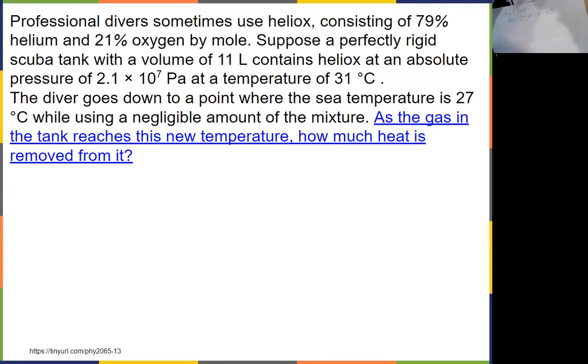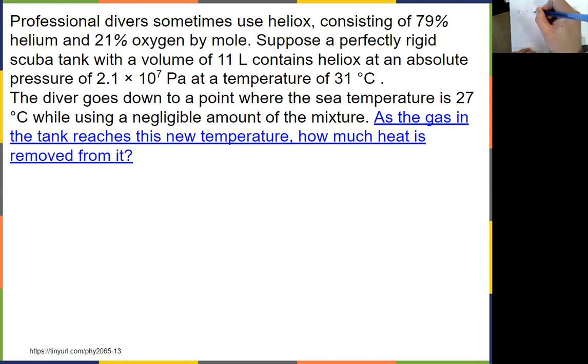So for a gas system, instead of doing the mass times heat capacity times delta T, the heat change would be moles of the gas times C. In this case, the volume doesn't change, right? For the gas tank, its volume wouldn't change.